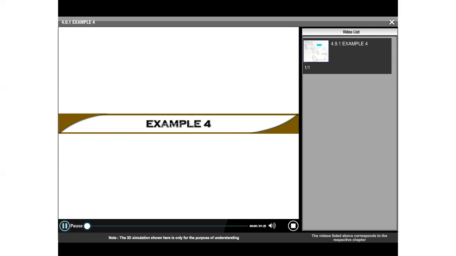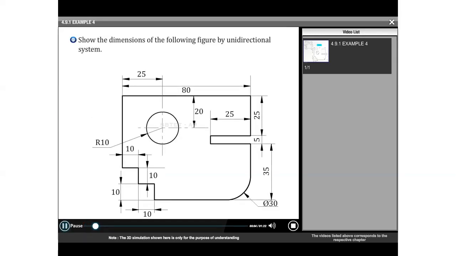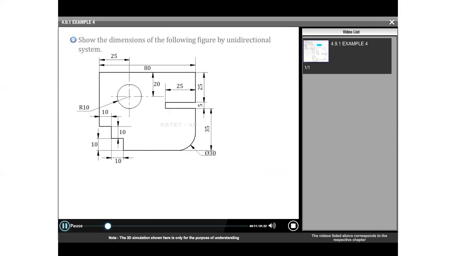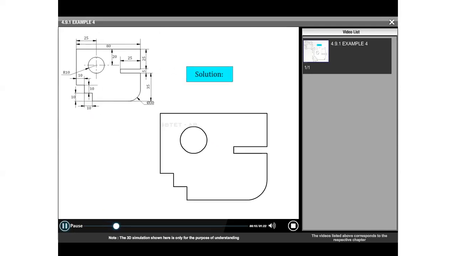Example problem 4. In this, the dimensions are to be represented as per unidirectional system.